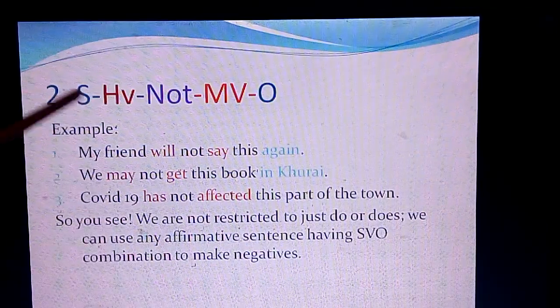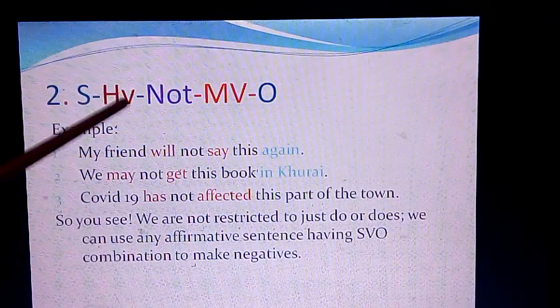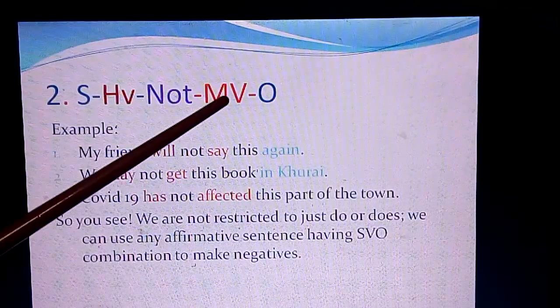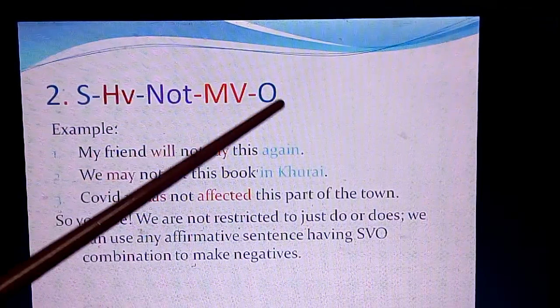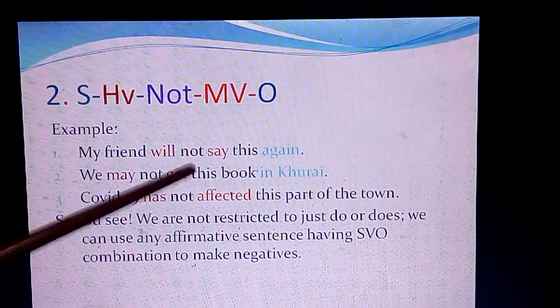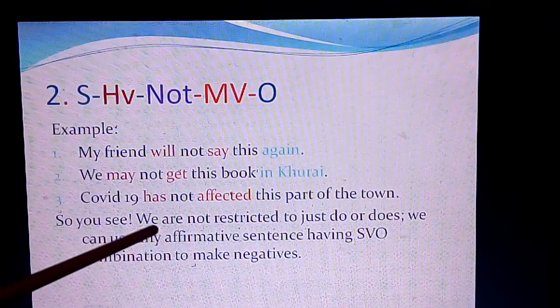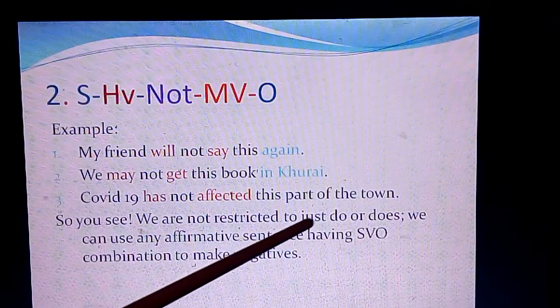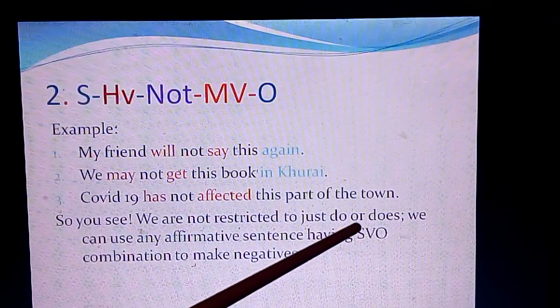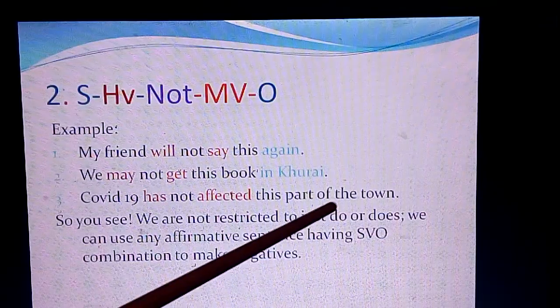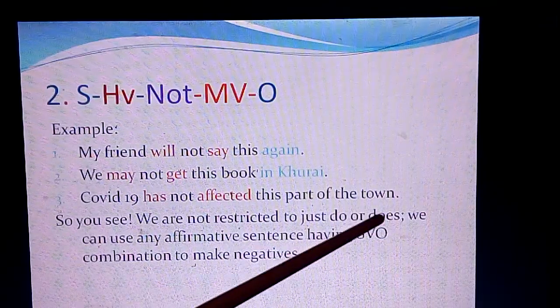COVID-19 has not affected this part of the town. Yes. So you see, we are not restricted to just do or does.